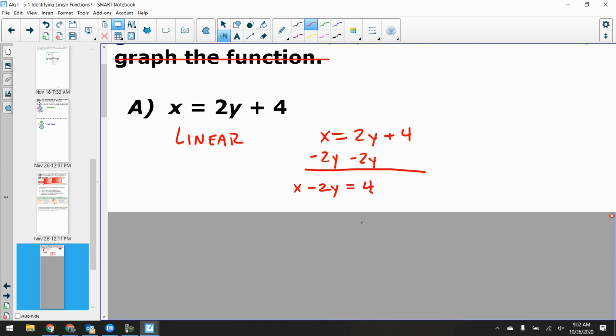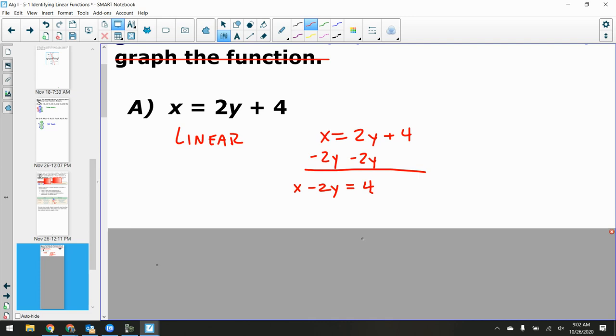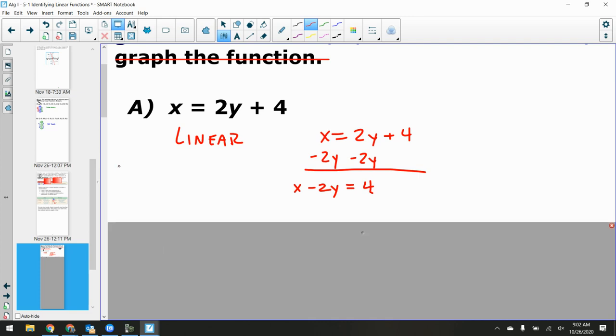Is it in standard form now? Yes. It goes x, y, number. If it's in standard form, I should be able to say my a value, my b value, and my c value. We have no idea what those mean just quite yet. We have no idea why we are identifying them, but trust me, we will.